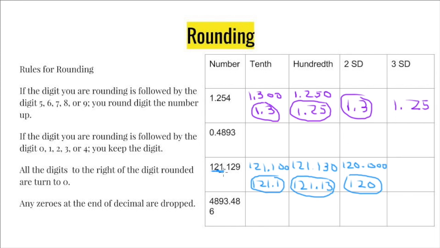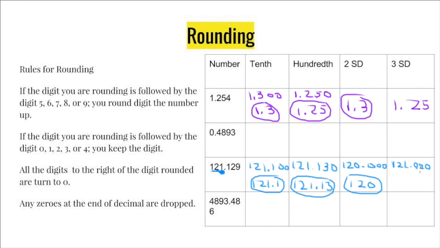And in this case, the 3rd significant digit is in this position, the 1. So the 1 here tells this 1 to stay the same, and everything else becomes 0. So we get 121.000.